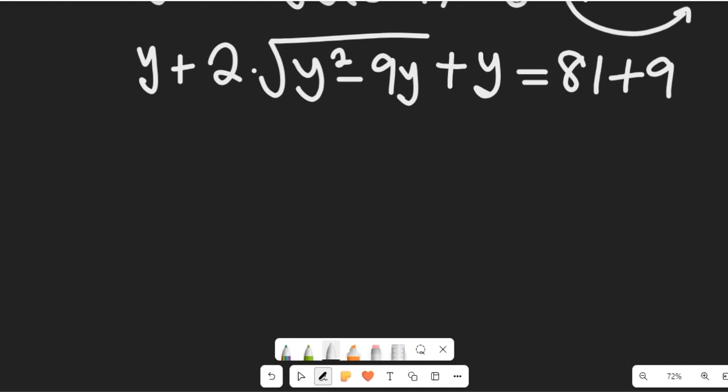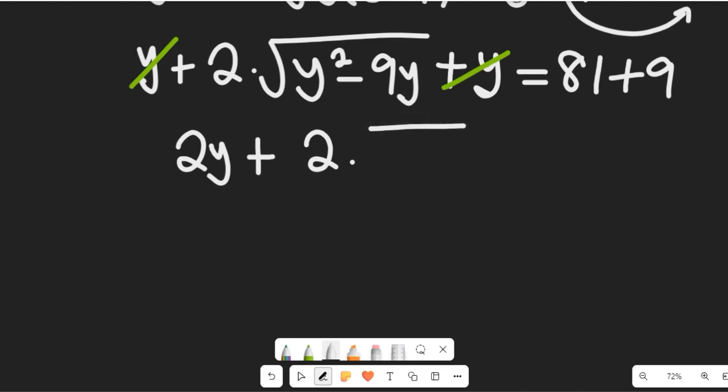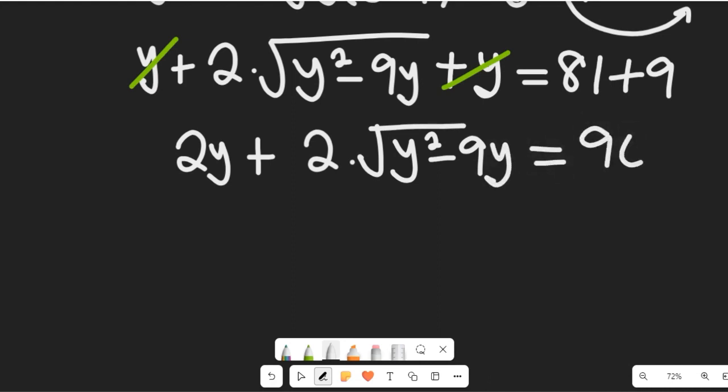So from this expression, you see that this will definitely work with this, and that will give us 2y, right? Because y plus y will give us 2y, and this will be plus 2 multiplied by the square root of y squared minus 9y, and this will be equal to 90.